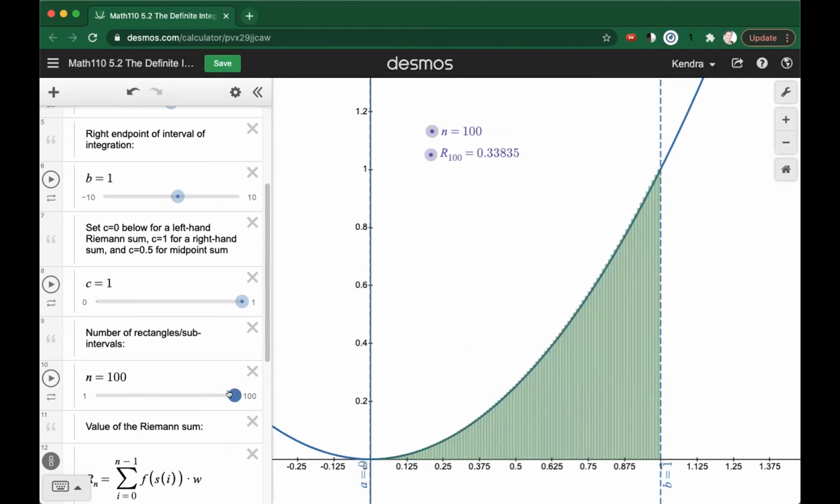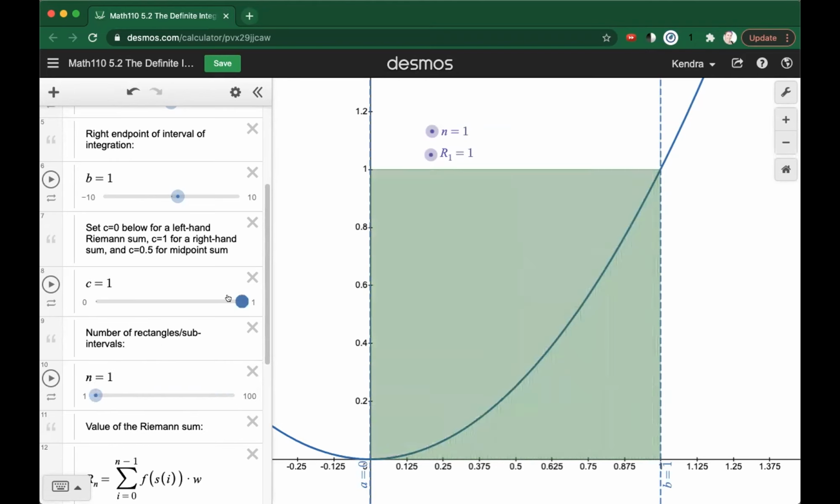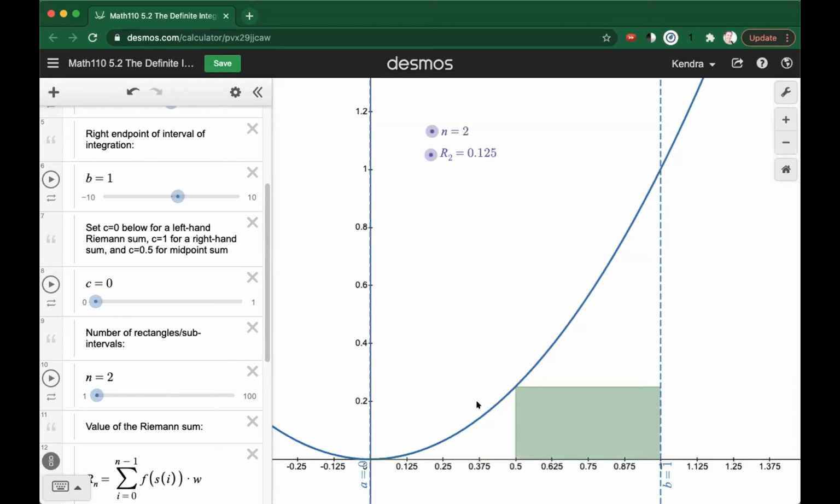Okay, let's look at what this looks like again with the rectangles where the height is determined on the left side of the interval. If I have 1 rectangle, the left endpoint of that subinterval has height of 0. Okay, so for 2 rectangles, there's actually 1 rectangle here that's flat. It has a height of 0, and then this one has a height of 1/4.